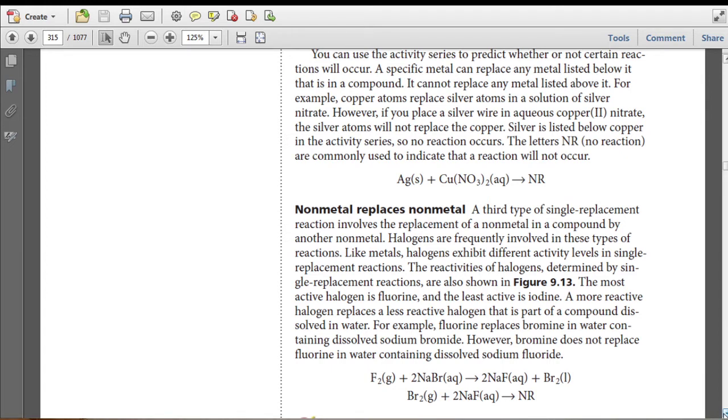The most active halogen is fluorine, and the least active is iodine. A more reactive halogen replaces a less reactive halogen that is a part of a compound dissolved in water. For example, fluorine replaces bromine in water containing dissolved sodium bromide. However, bromine does not replace fluorine in water containing dissolved sodium fluoride.